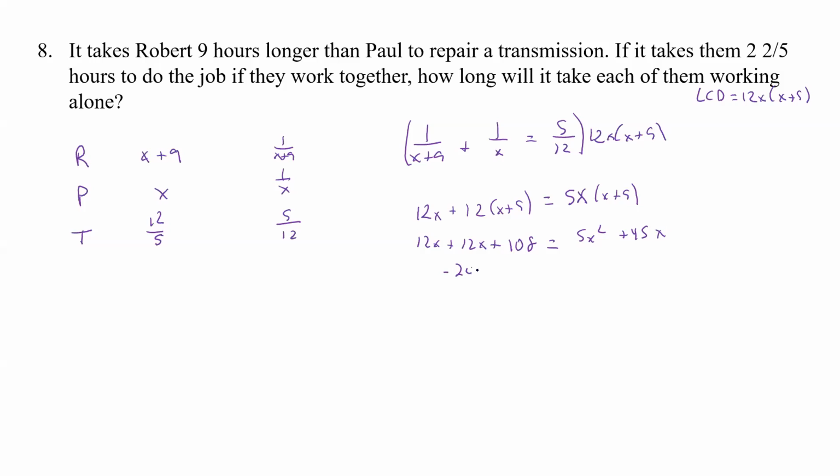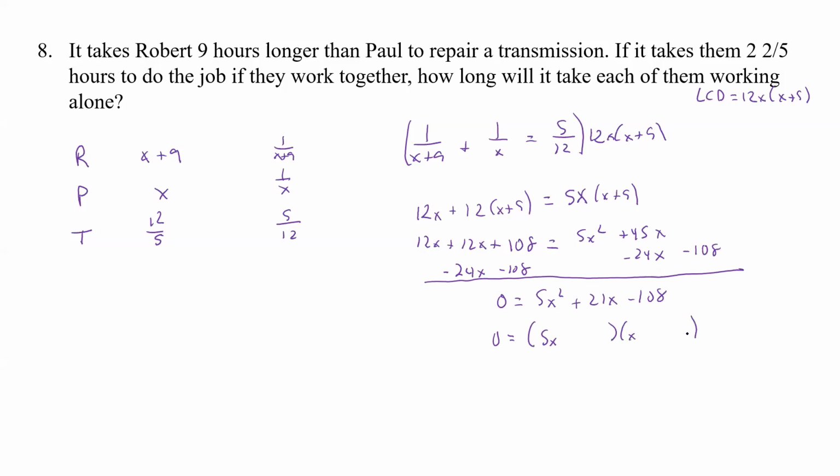So if we subtract 24x here, we can subtract 24x here, subtract 108 here, subtract 108 here. And so now what we have is 0 equals 5x squared, and that's going to be plus 21x, and then minus 108.